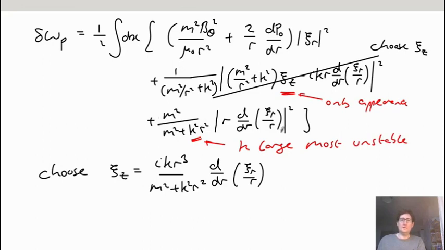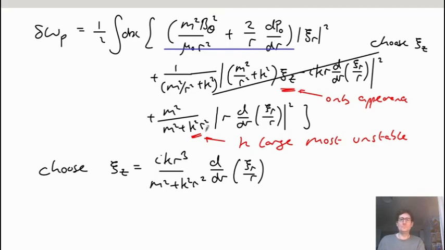Because if k is large, then this stabilizing term goes to 0, and what's left is this term here. This term is multiplying psi r, and psi r squared is positive, so if this is negative, then the whole thing can be unstable.